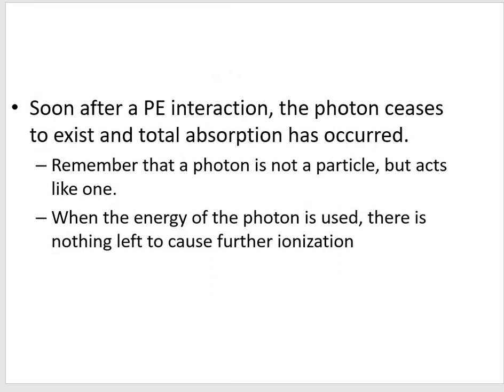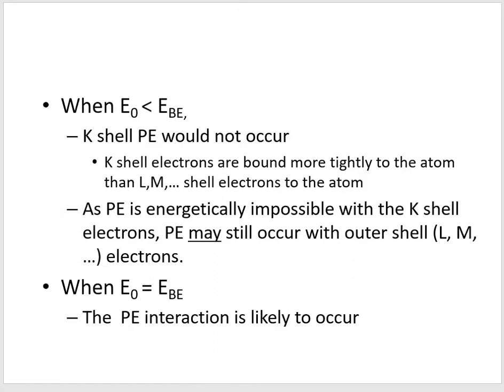After the photoelectric interaction occurs, there will be no more photons. Remember that a photon is not a particle, but a wave with energy, though it almost acts like a particle. So when the energy of the photon is all transferred, there will be no more photons that would cause further ionization. So this summarizes when photoelectric will occur.